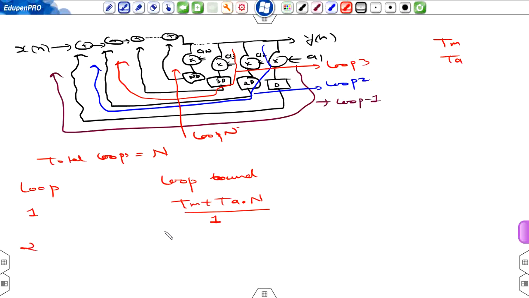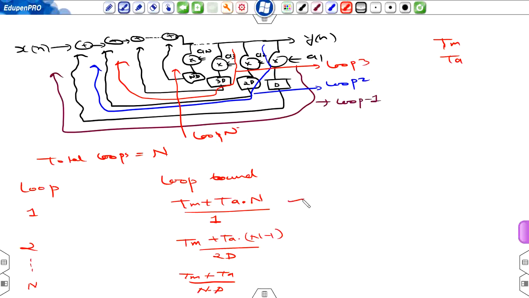Loop 2 has one multiplier and n minus 1 adders, so Tm plus Ta times n minus 1, and it has two delay elements, so divided by 2. The nth loop has one multiplier and only one adder, so Tm plus Ta, and it has n delay elements, so divided by n times D.